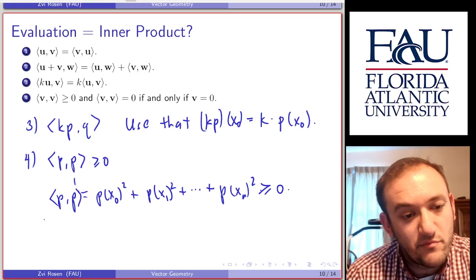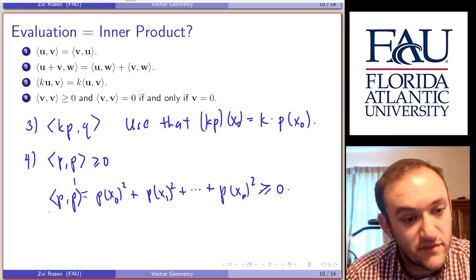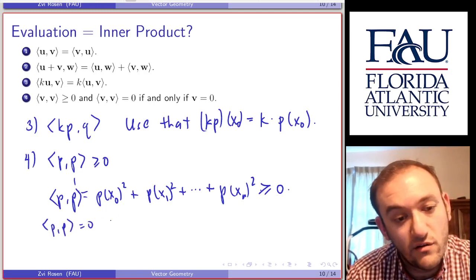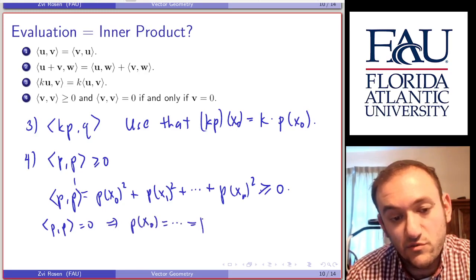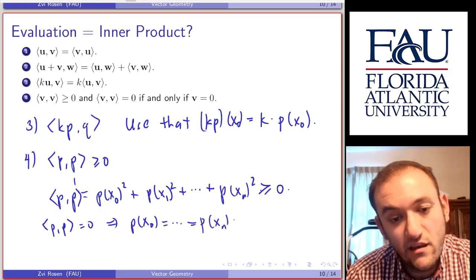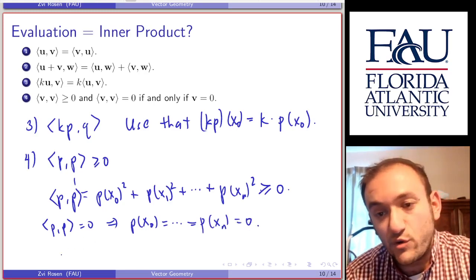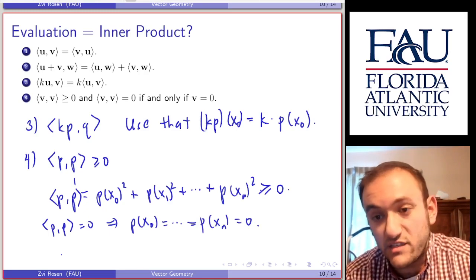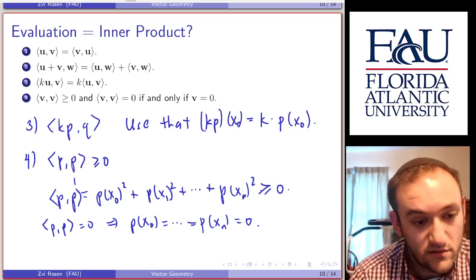How do I know that the inner product of p with p equals 0 implies that p itself is 0? Well, if it equals 0, that means that all of these, p of x naught, p of x1, up to p of xn, must be equal to 0. But the only polynomial that has n plus 1 zeros and degree bounded above by n is the zero polynomial.